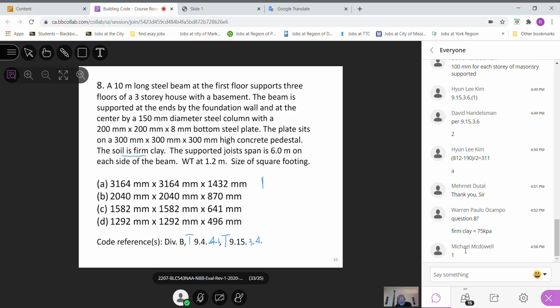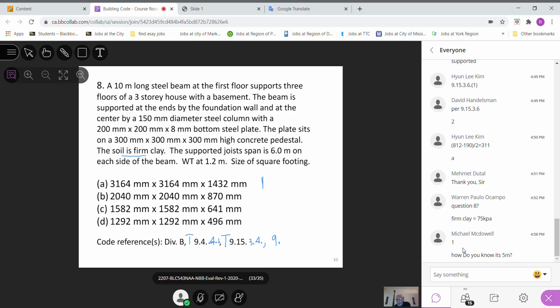However, my columns are spaced 5 meters apart, or 5 meters from the foundation wall. Therefore, that tells me I might have to do some adjustment. How do I know it's 5 meters? Because I have a 10-meter long wall, okay? And I have a column in the center.